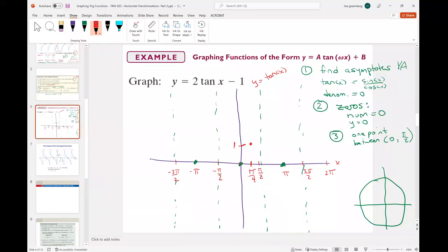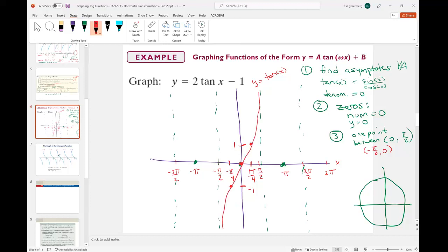Here's our 0. And then also we want to graph something between negative pi over 2 and 0. Again, that would be negative pi over 4, which would be negative 1. So we have that point on our graph, and then we just connect them.